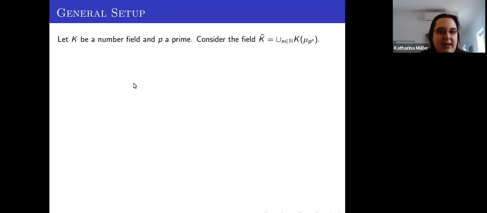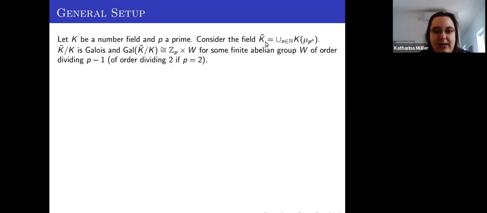So let me start with my general setup. I will always consider K to be a number field, and p will be any prime. It could be 2, it could be odd. And I consider the field K tilde, which is the union of all the fields K adjoin μ_{p^n}, where μ_{p^n} is a p^n-th root of unity. As all these fields are contained in each other, K tilde is a field again.